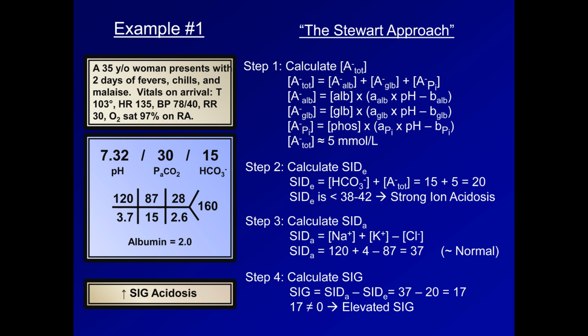With this example, which is actually a rather straightforward acid-base abnormality, you will probably find the Stewart approach to seem unfamiliar, non-intuitive, and cumbersome, especially with the calculation of A total, which really cannot be done efficiently without the aid of an application specifically designed for this. While I certainly do not mean this as a criticism of the man himself, I think it's relevant that Peter Stewart wasn't a physician, but rather a physiologist.